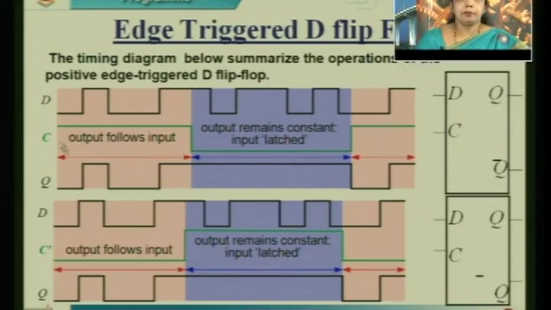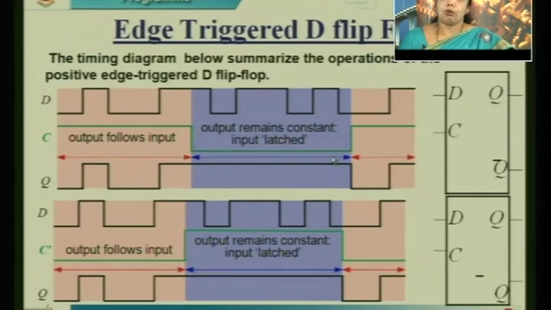Whenever your clock is high, you can see this portion, the green line represents the clock. So this is my Q. Whenever the clock is high, the same D is transferred over here. You can just see this portion represents Q following D when the clock is high.